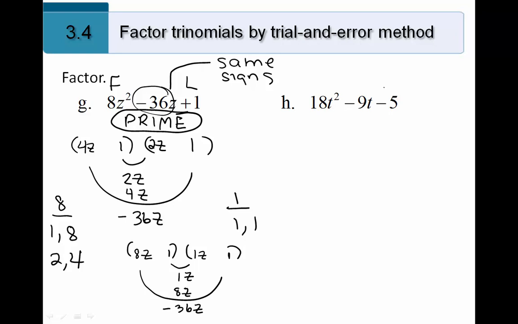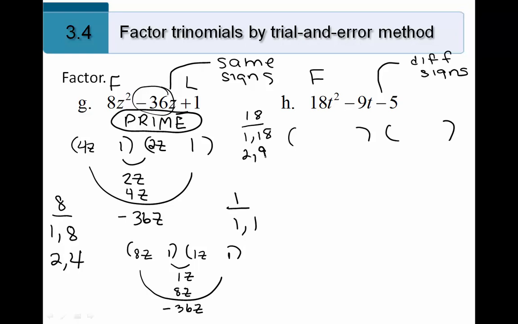Let's try this last one. My signs are going to be different. My F, I'm looking at factors of 18. My choices are 1 and 18, 2 and 9, or 3 and 6.